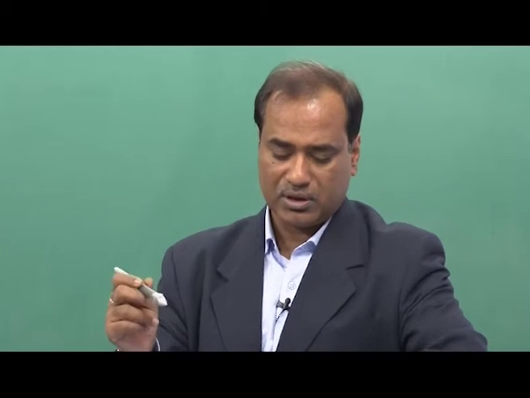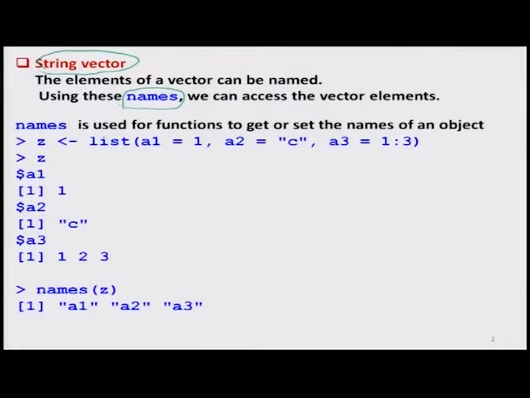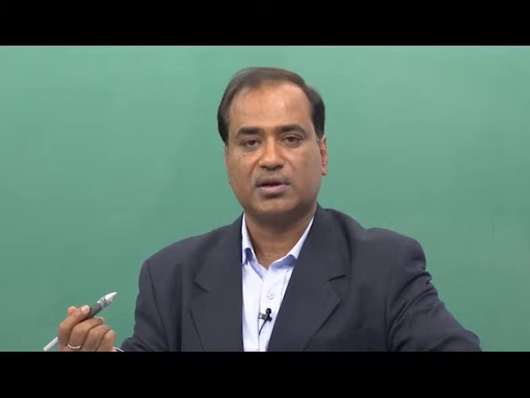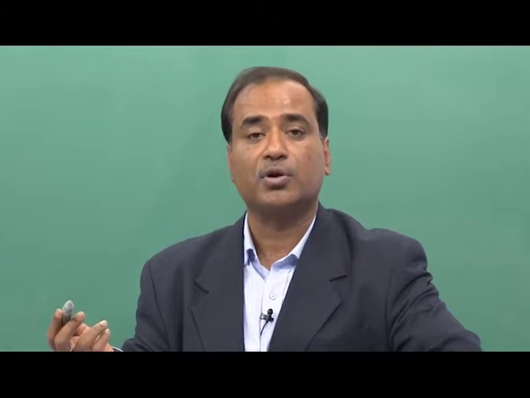First of all, what we have to understand is that all the elements of a vector can be named. What does this mean? You may recall that when you went to your schools and colleges, your parents had given you a name. But inside your college, you were given a new name. What was the new name? Your roll number.